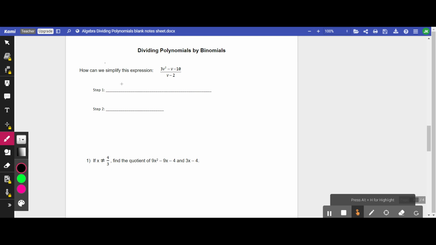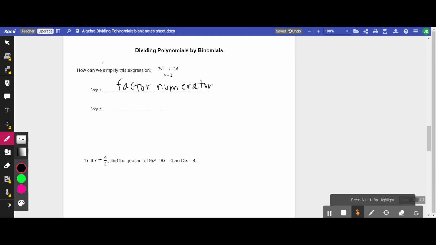So the first one would be to factor your numerator. And then once you've factored your numerator, then you'll cancel out your common factor.